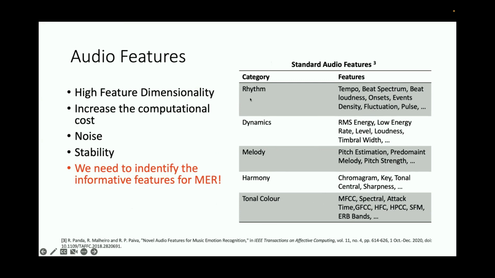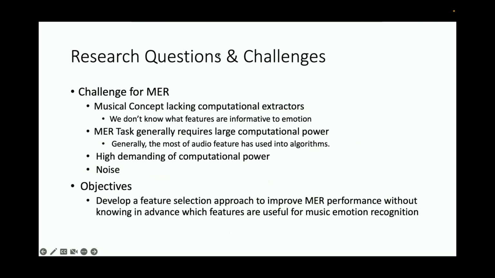Also, if we use all of the standard audio features, it requires a very high computational cost. Features that don't really relate to the emotion can also cause noise and have a bad effect on model stability. So our challenges for MER can be summarized as follows.